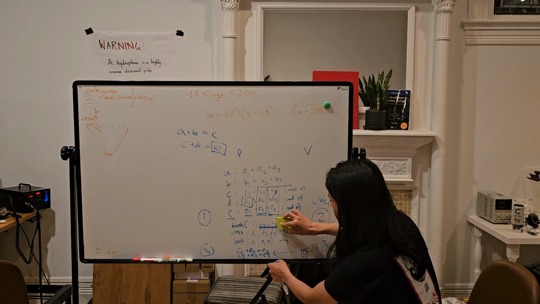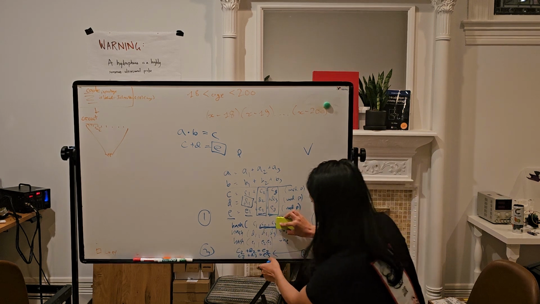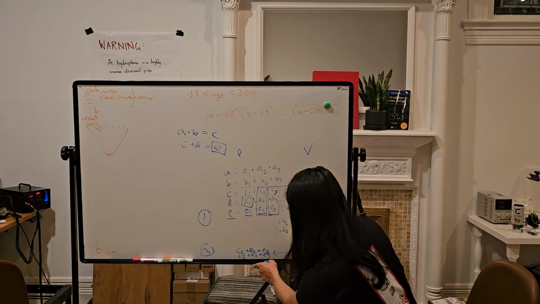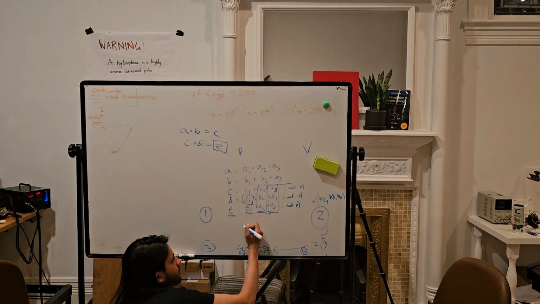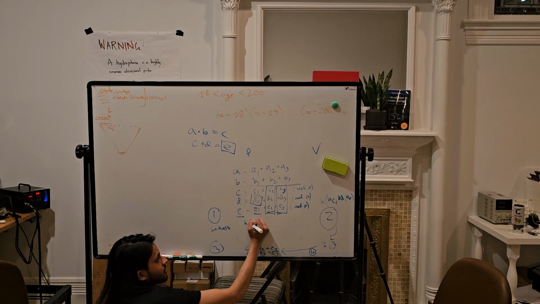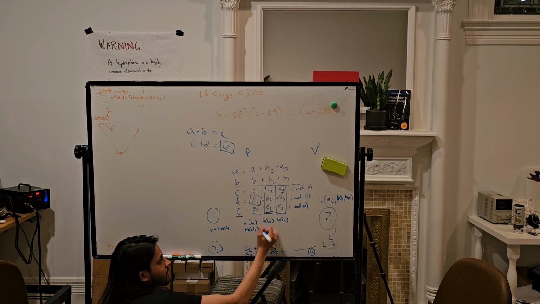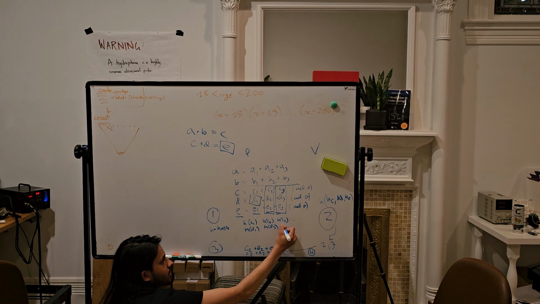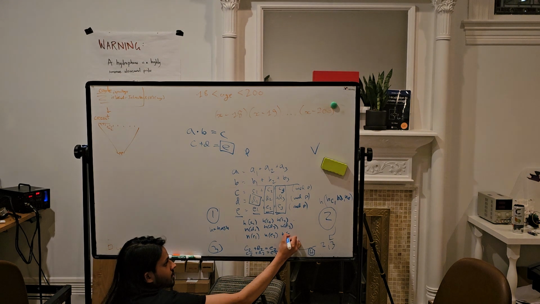So H equals hash: H of C1, H of C2, H of C3, H of D1, H of D2, H of D3, and then H of E1, H of E2, H of E3.